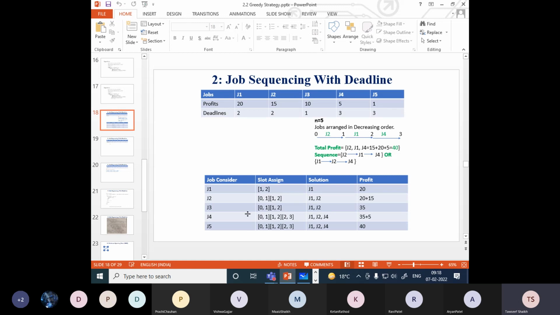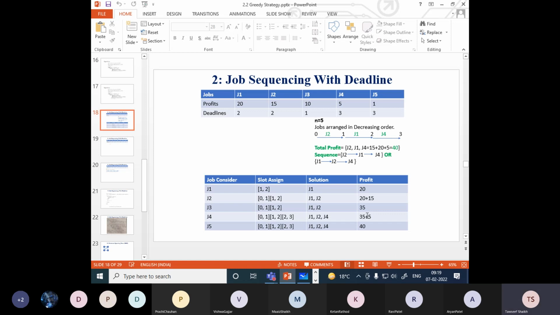Now J4 will come in the line, and J4 is allocated the time slot from 2 to 3. We are telling it to wait for 3 hours, and it is also ready to wait for 3 hours because of its deadline. So 0 to 1 and 1 to 2 have been given to previous jobs, and J4 will be given the slot from 2 to 3.